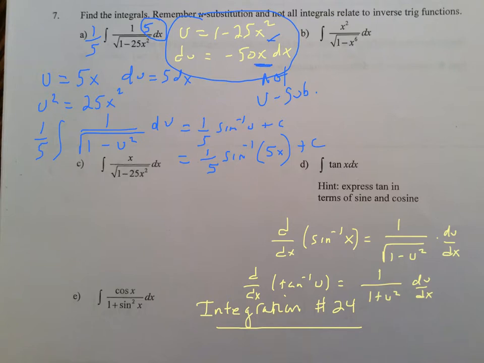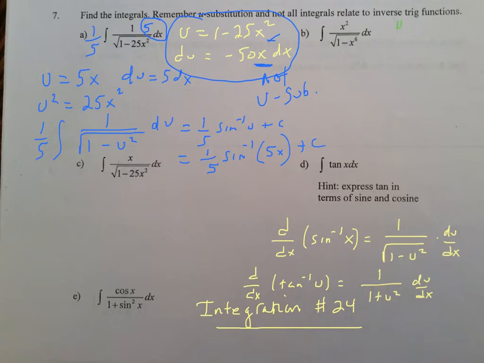So if I look at part B, I could try to go through the same process as I went through here and try to determine whether it is a typical U substitution before trying my trig inverses.